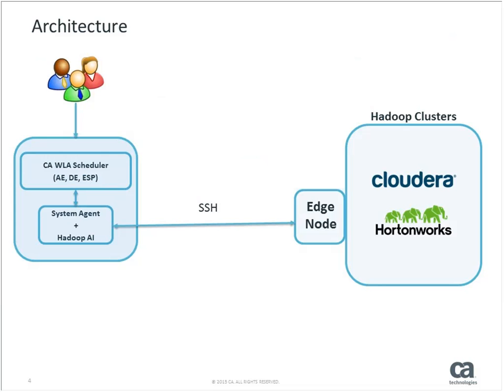You would have a system agent installed on some remote system, and with Hadoop Advanced Integration installed in a very similar fashion to a plugin, when a job is being executed, it will open an SSH session to a specified edge node within your Hadoop cluster. The agent does not have to be installed on the edge node. It can be installed on a random remote machine as long as it has access to connect to the edge node specified.